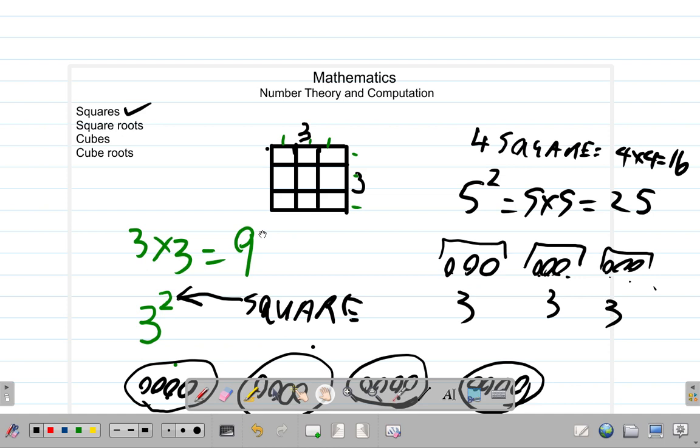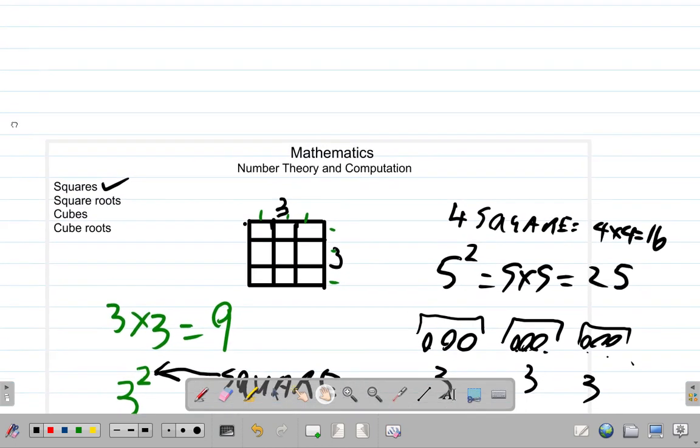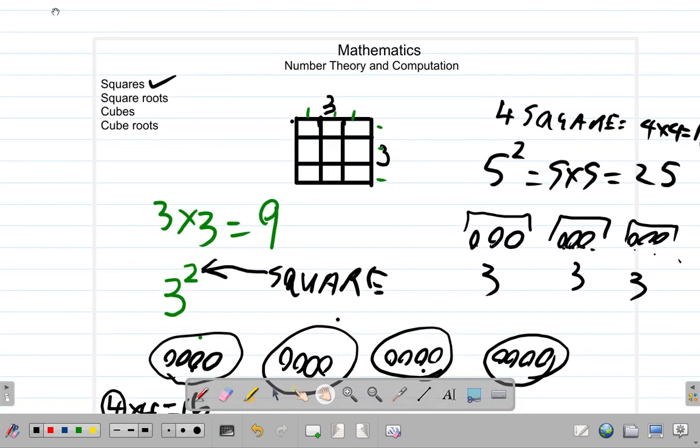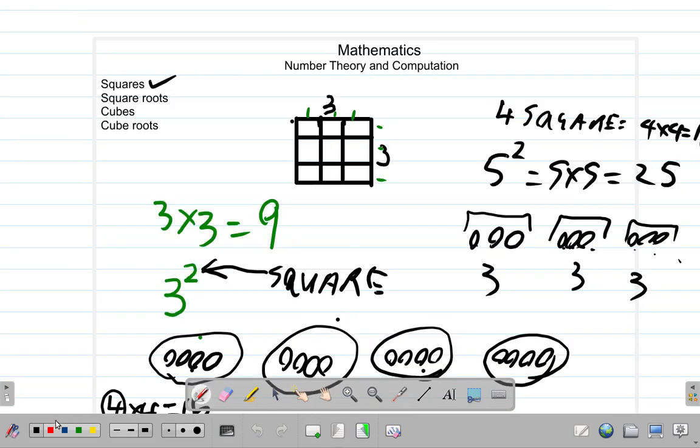So that's how you go. Now, the next thing we want to talk about, let me tick off the square root business here because we talked about it already. What about the cube now?